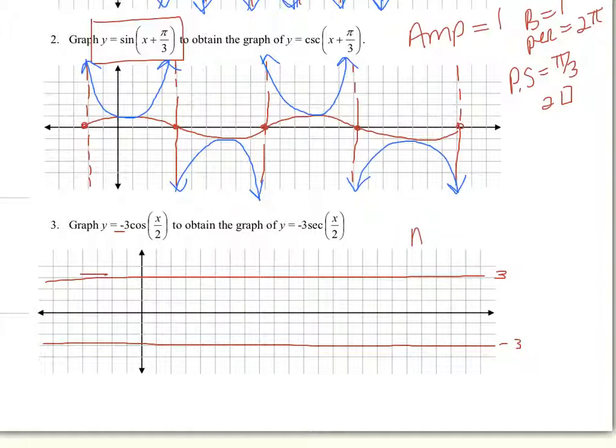Okay, so on this problem we had an amplitude equal to 3, and then we have a frequency equal to 1/2, and that makes the period equal to 2 pi divided by 1/2. That makes the period equal to 4 pi. So let's take a look at what this would look like.